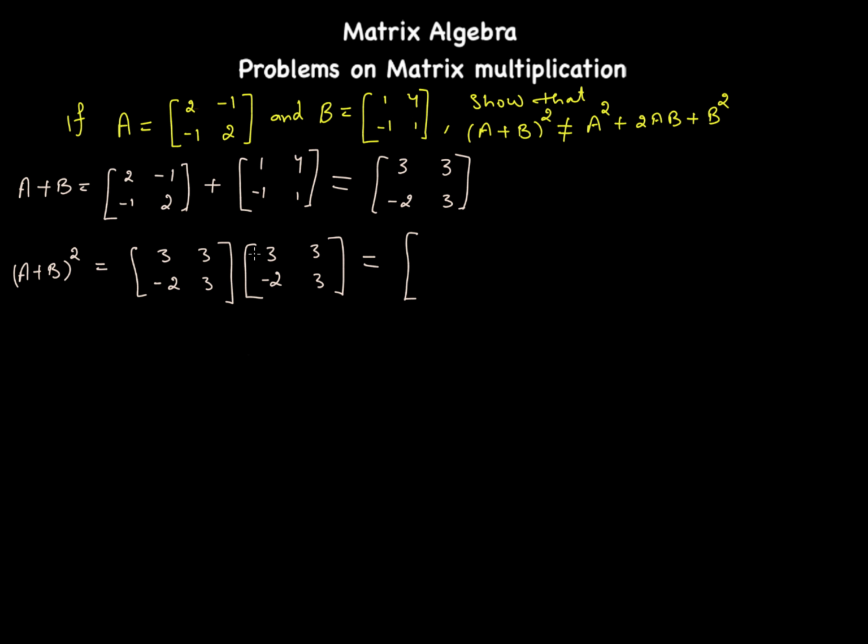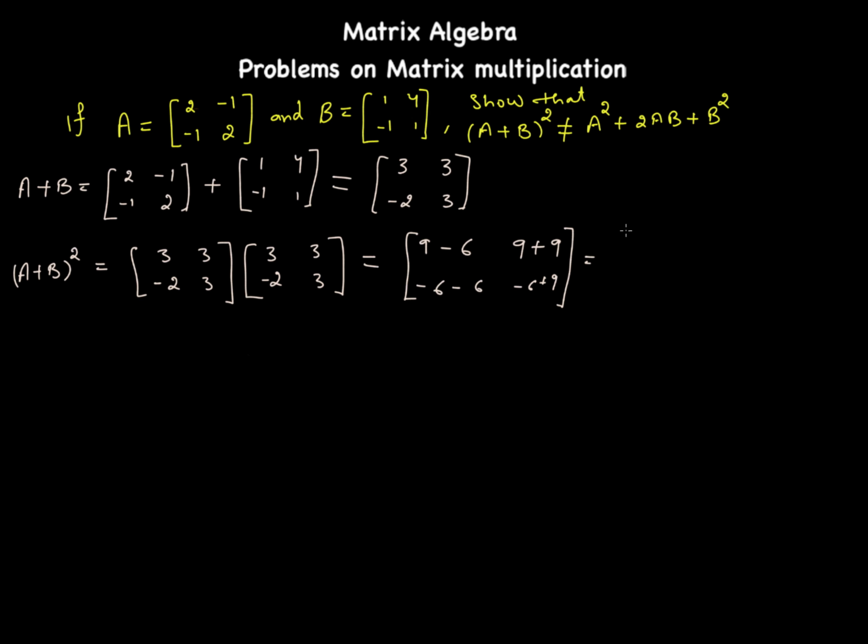So 3 by 3 is 9, and 3 by -2 is -6. 3 by 3 is 9, and this 3 by 3 is 9 again. Then we got -2 by 3 gives me -6, and 3 by -2 gives me -6. -2 by 3 gives me -6, and 3 by 3 gives me 9.